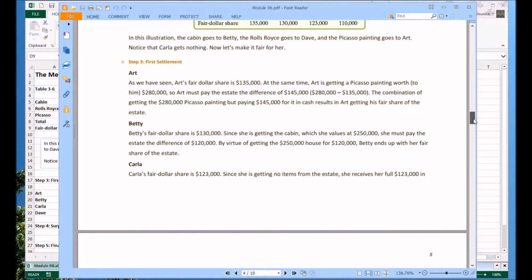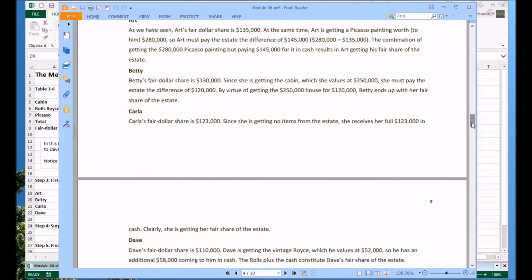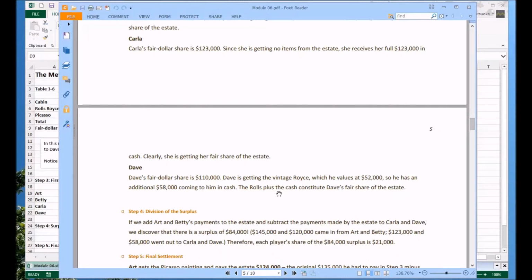For Carla, her fair share is 123,000. She's not getting any items, so she receives the full amount of 123,000. For Dave, the fair dollar share is 110,000. He's getting the Rolls Royce, which he values at 52,000, so he has to receive an additional 58,000 from the rest of the group.